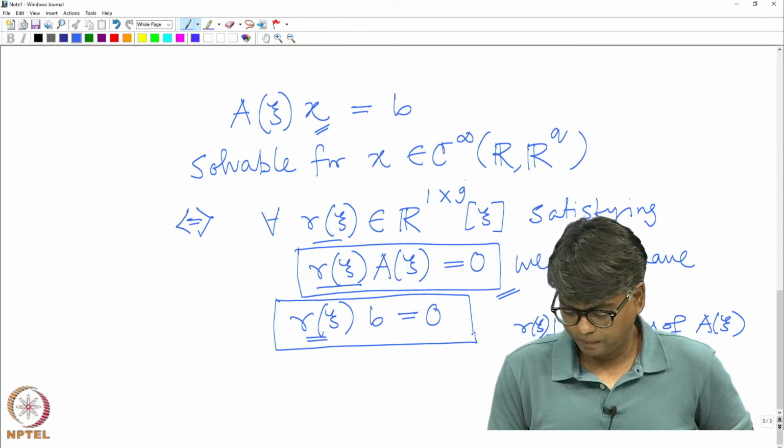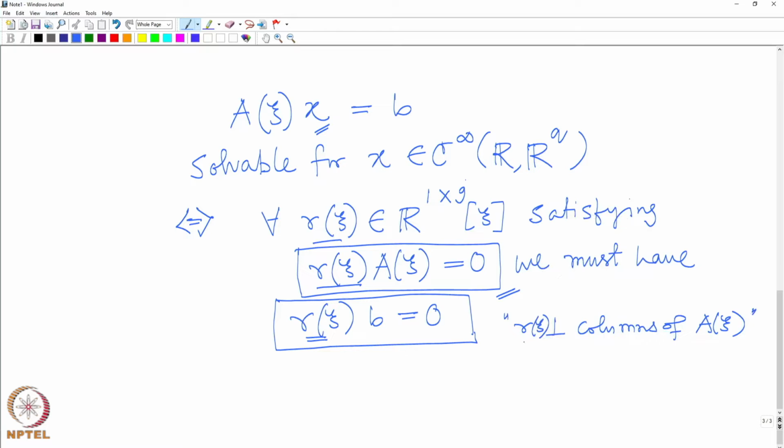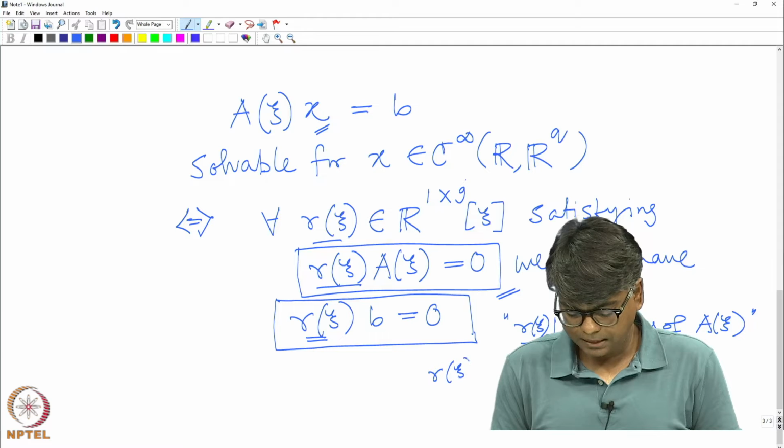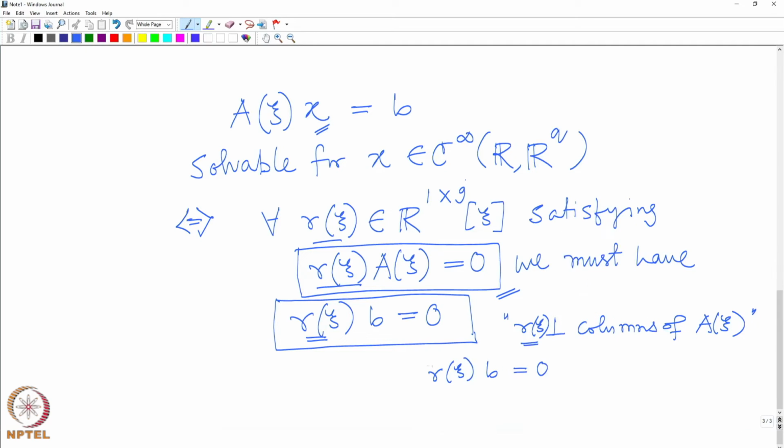Okay. Now, I am saying that whenever R psi is orthogonal to the columns of A, that means it is orthogonal to the column span of A. R psi acting upon B must also produce 0, which means now functionally this operator is orthogonal to B. What that means essentially is that R psi annihilates this trajectory B. So, everything that is orthogonal to this is also orthogonal to B, right.